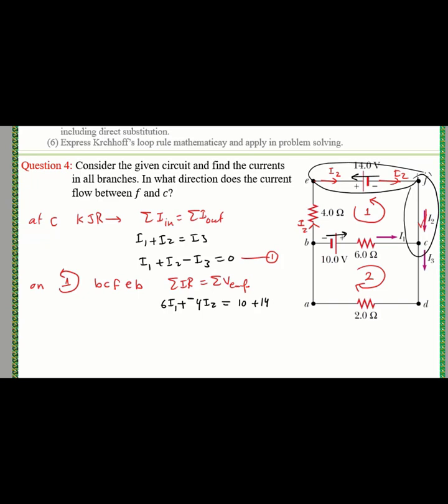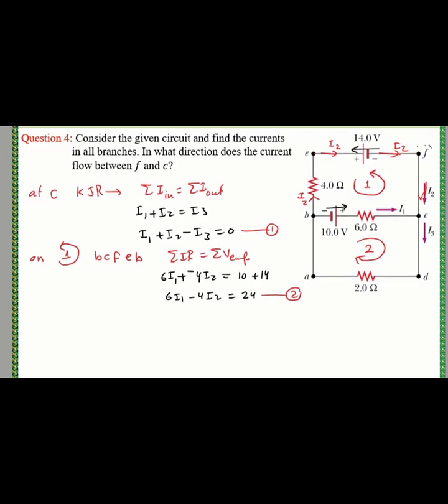I'm going back to B. That's it for the upper circuit. Now 6I1 minus 4I2 equals 24. This is the second equation.